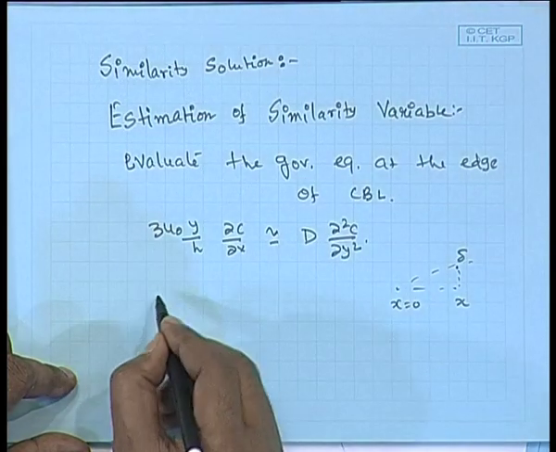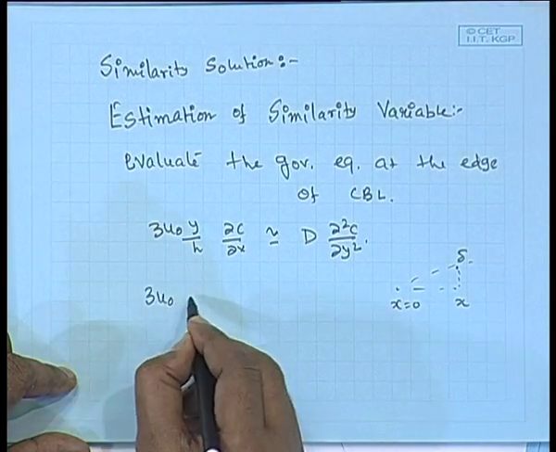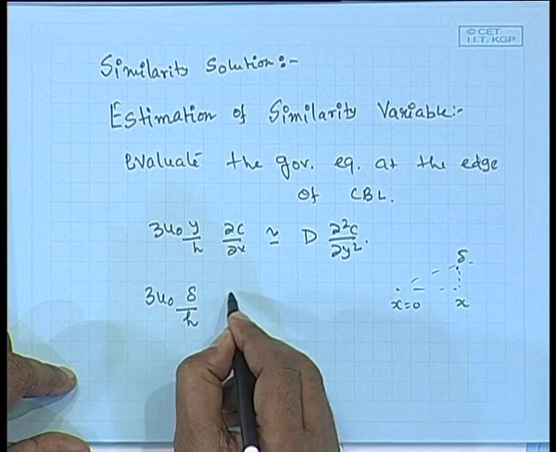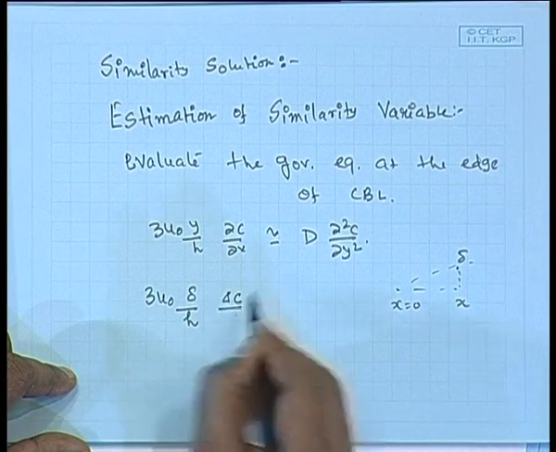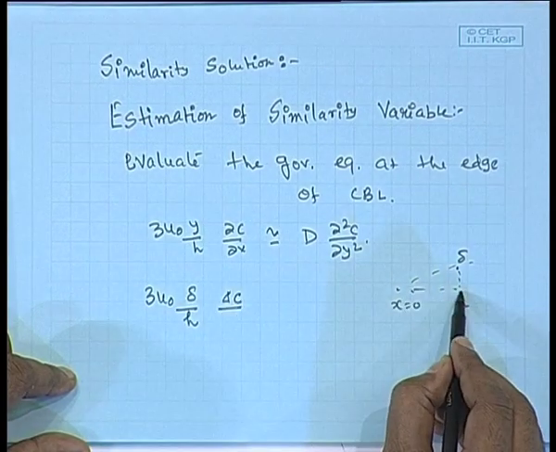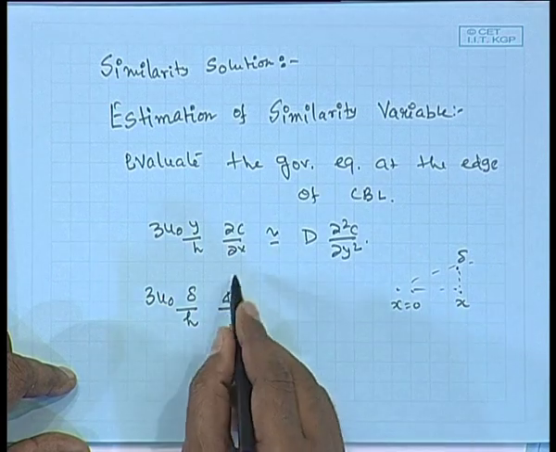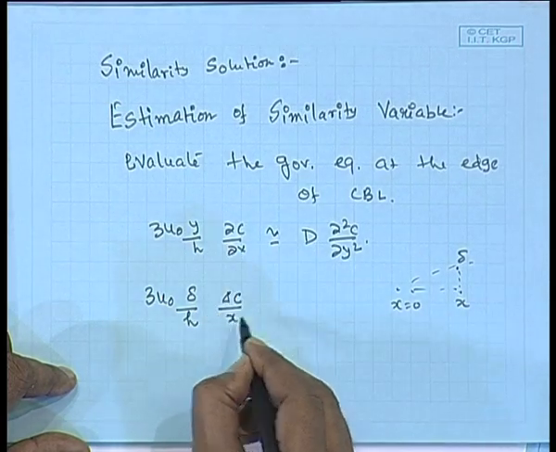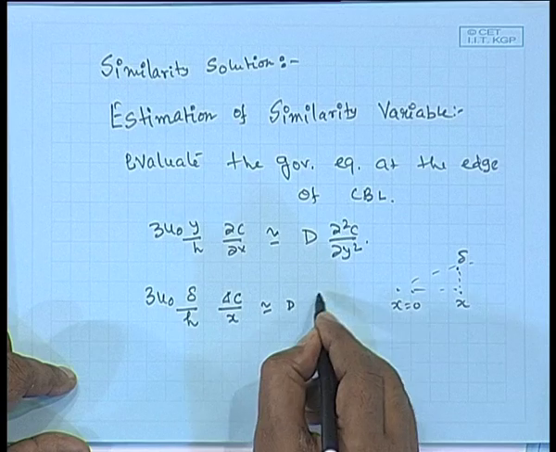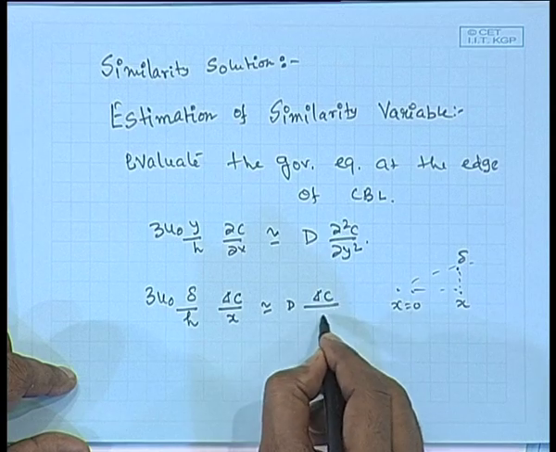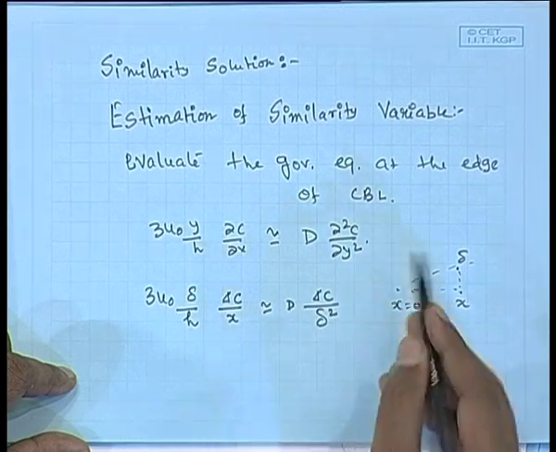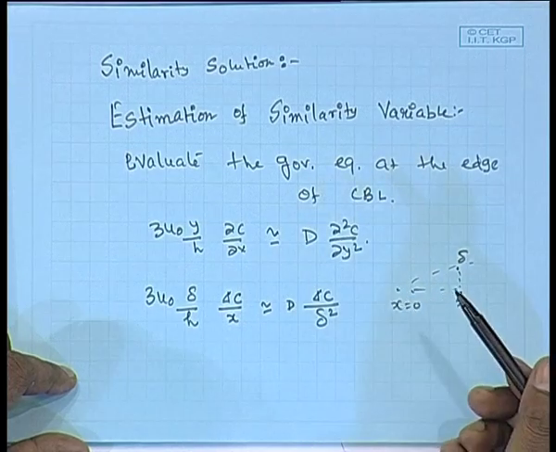If you put that, 3 u0 y is delta divided by h, del c is delta c within x equal to x and x equal to 0. So, this will be delta x, meaning x minus 0, that is x, roughly d delta c, and this is delta square. Del square c is again a difference of concentration.